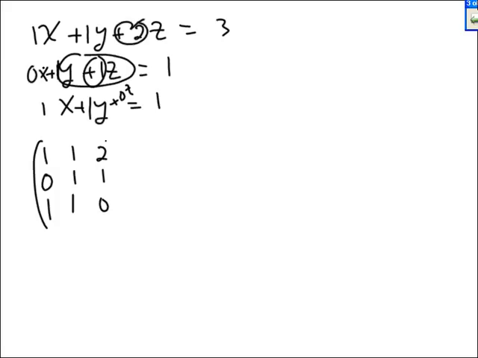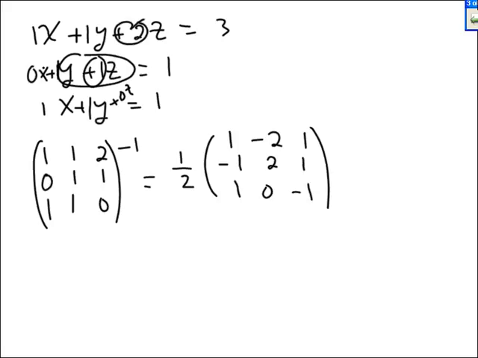Now, I'm going to tell you that I've already calculated the inverse of this. It is 1/2 times 1, negative 2, 1, negative 1, 2, 1, and 1, 0, negative 1. So I have the inverse of the coefficient matrix.